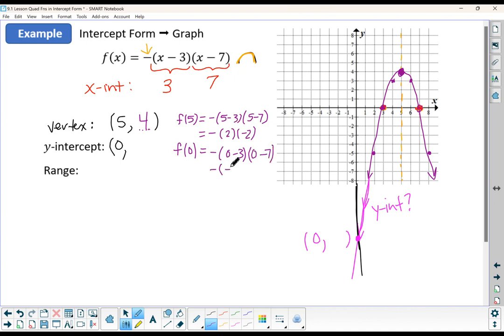And again, I love intercept form for how easy it is to do mental calculations. So this is, it looks like a negative 21. Now that makes sense on my graph. It's not really to scale exactly where I was drawing this pink, but we can tell by looking at the shape of this graph that we should be getting a negative number that's pretty low. So negative 21 makes a lot of sense.